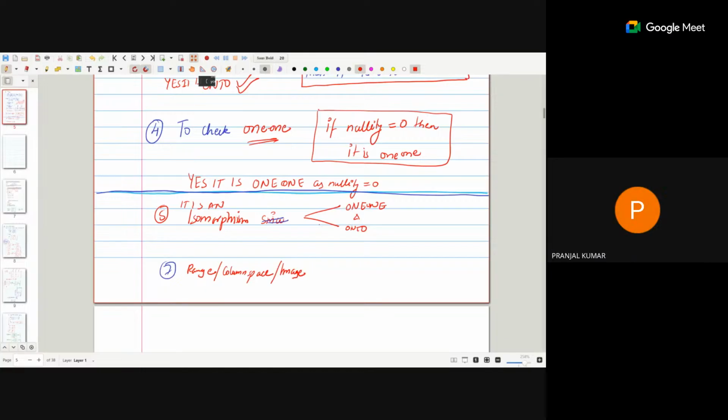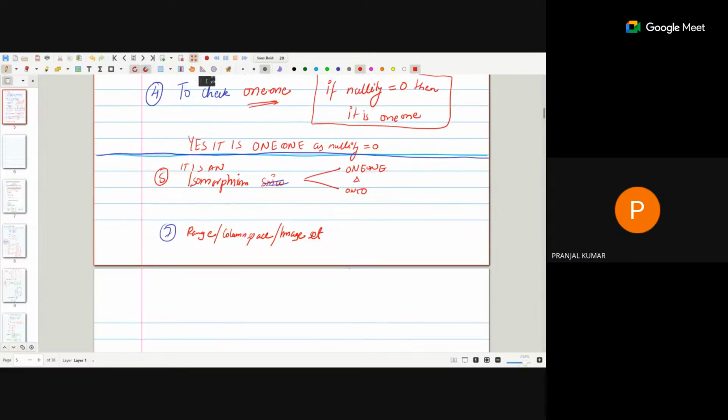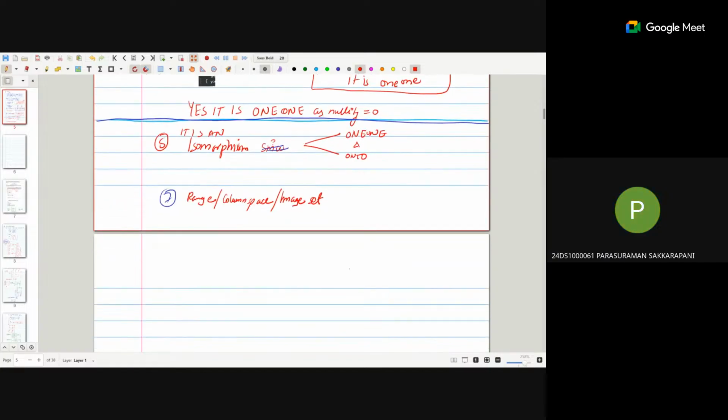So range, column space, and image set all stand for the same set. So how do we find the range, image, or column space? First step: find A corresponding to your linear transformation T. Then convert A to REF.